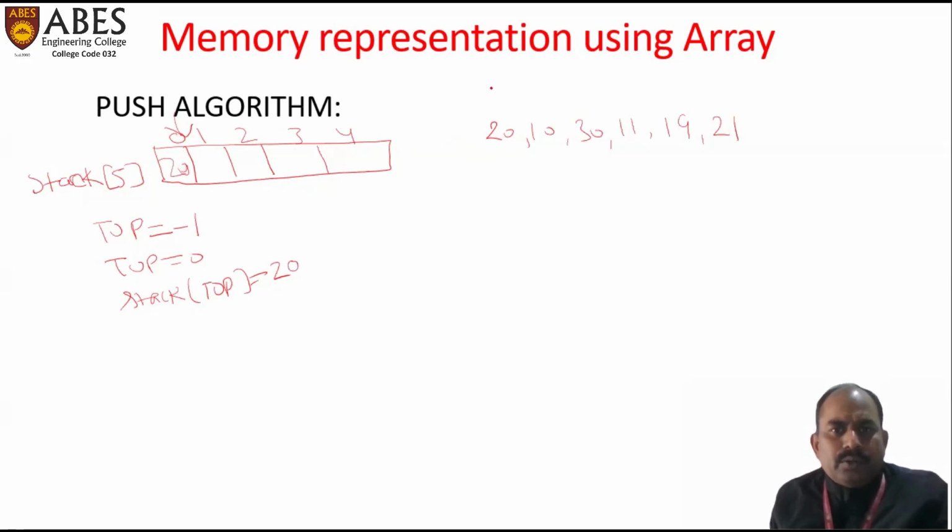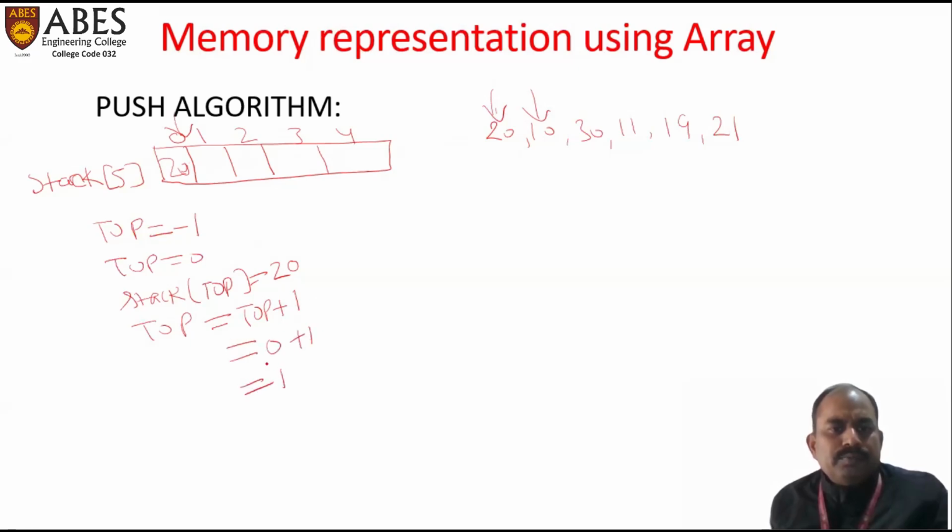Similarly, if we want to insert 10, then what we do? We have to increment the top. It means we perform top equals top plus 1. So here we change the value from 0 plus 1, which will be equal to 1. Now stack top again is 10. Similarly, we can insert 30 when the value of top is 2.